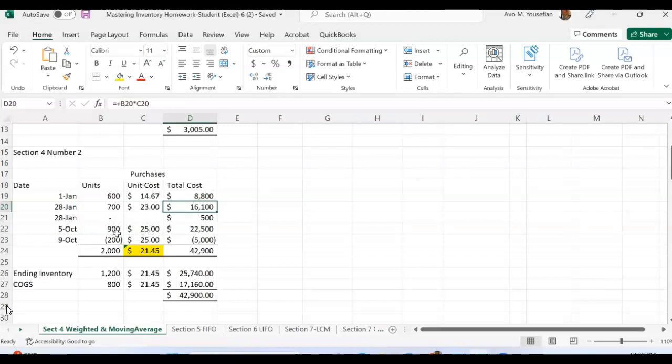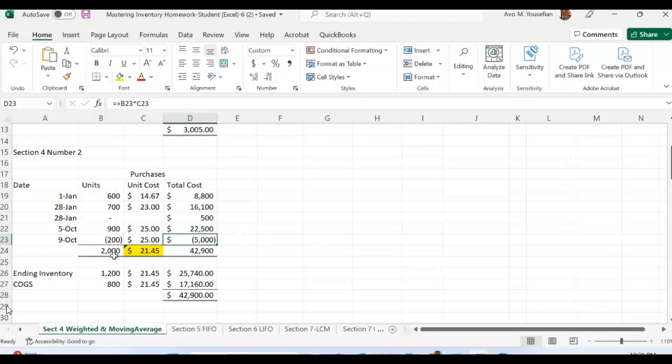We also purchased another 900 units at $25 cost, and based on that formula, we have $22,500. But we returned, that's a minus, 200 units at the average cost of 25 from this purchase of October 5th, and that will be $5,000, which is 25 times 200.